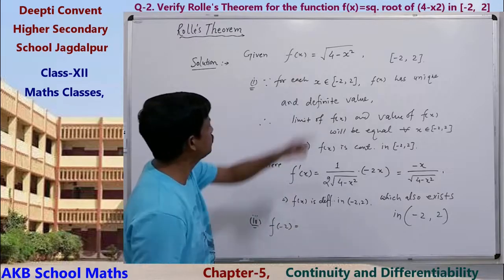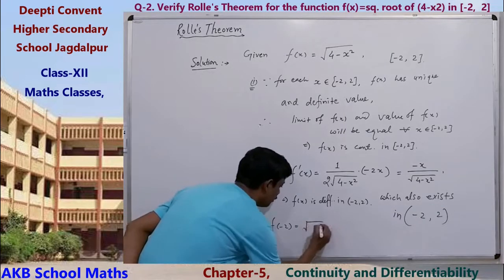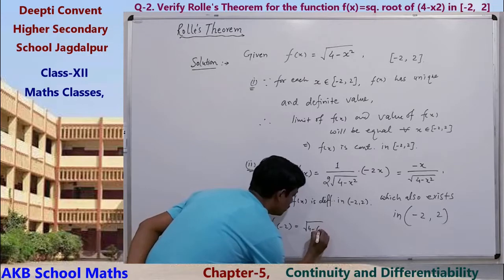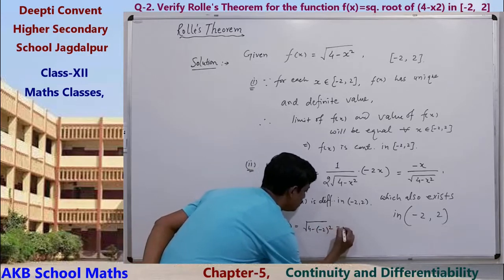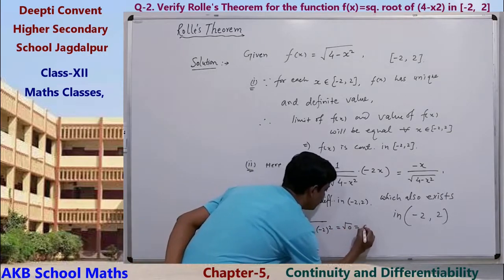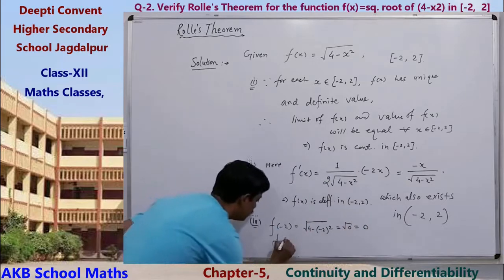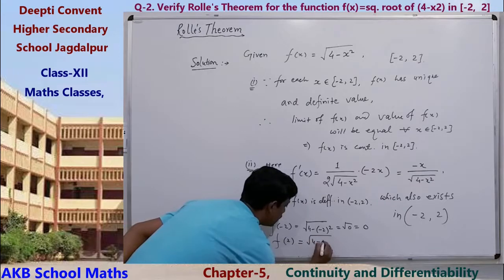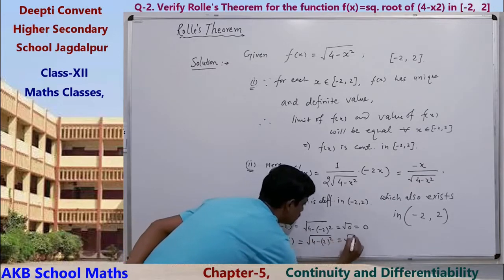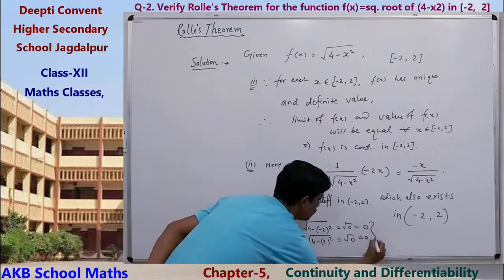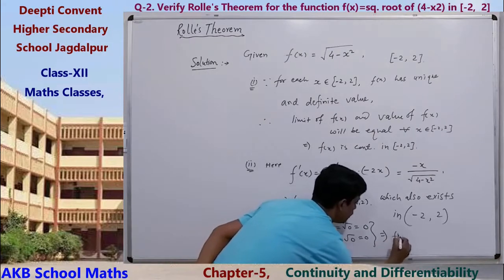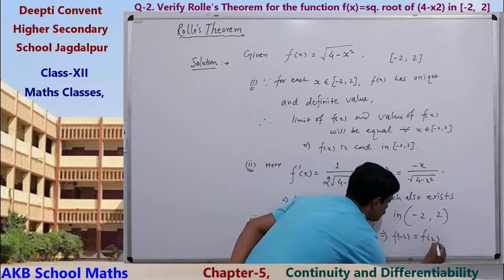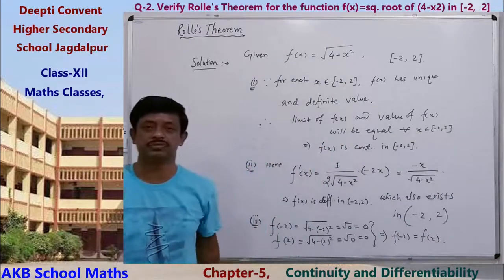F of minus 2 is the root of 4 minus 2 square, equals root 0, equals 0. Similarly, f(2) equals the root of 4 minus 2 square, equals root 0, equals 0. So this shows that f(minus 2) equals f(2). The third condition is also satisfied.